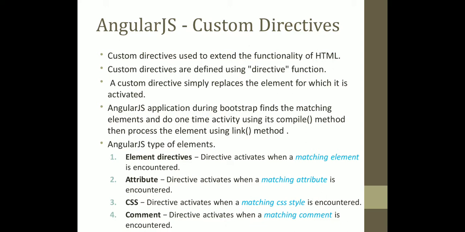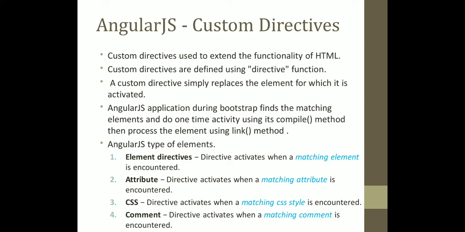There may be a question in your exam, like write a short note on custom directives in AngularJS. At that time you have to specify the answer with its use: the functionality of HTML can be extended using custom directives, and the directive function is used to define the custom directive.